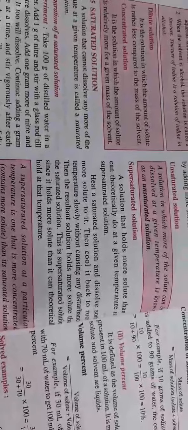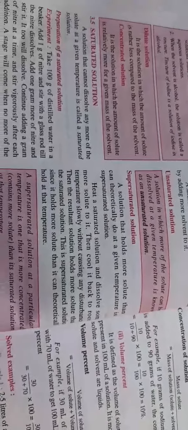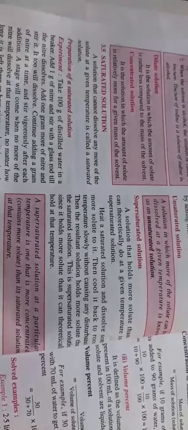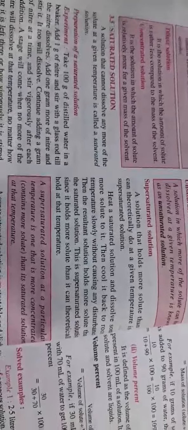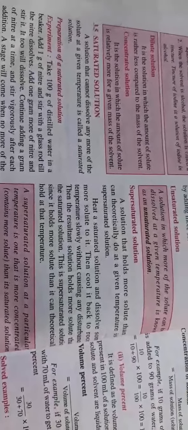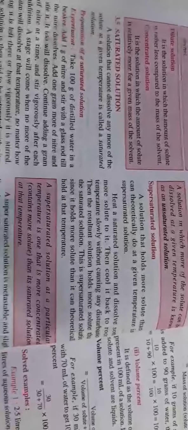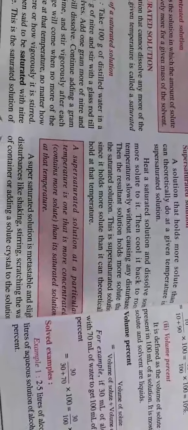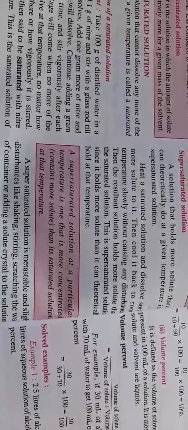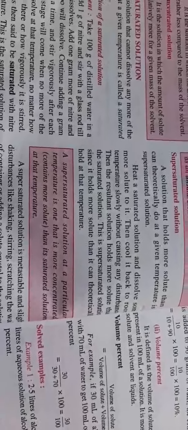Now there is one more type of solution that we call supersaturated solution. A solution generally holds a fixed amount of solute, but if we can add more solute to a given solution, such a solution is known as a supersaturated solution, more than the capacity. A supersaturated solution at a particular temperature is one that is more concentrated than its saturated solution.